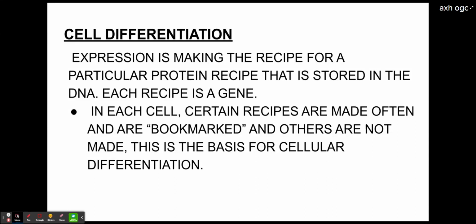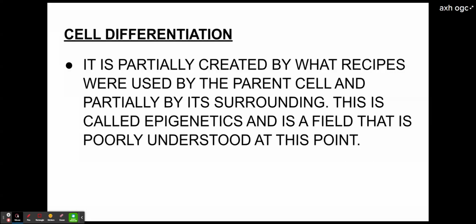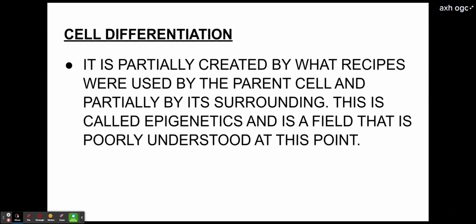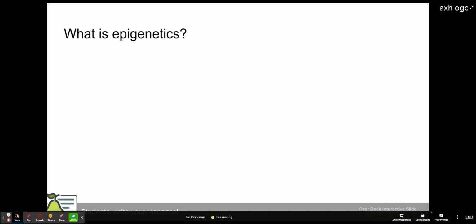But then sometimes recipes that are very often used are kind of bookmarked. And that's how you get that differentiation. When you have recipes that are used often because they're needed in life and are bookmarked, this is called epigenetics, and it's pretty poorly understood at this point. We're in the infancy of understanding epigenetics.